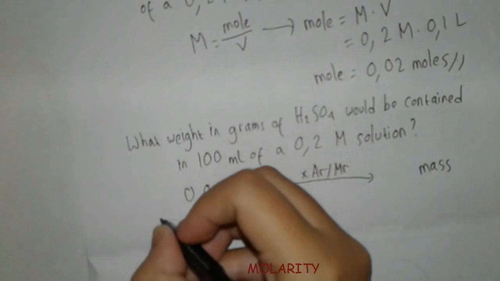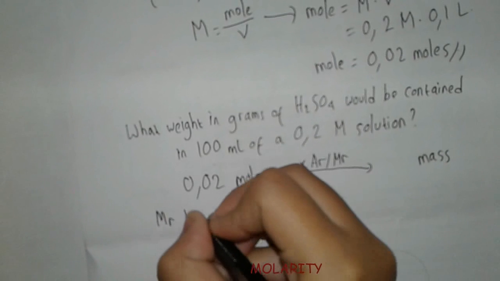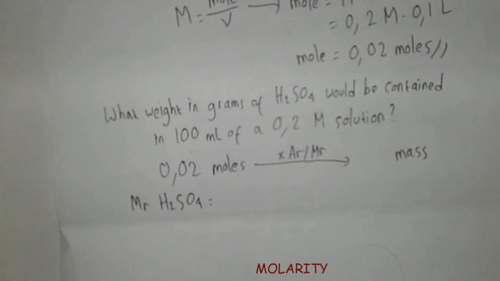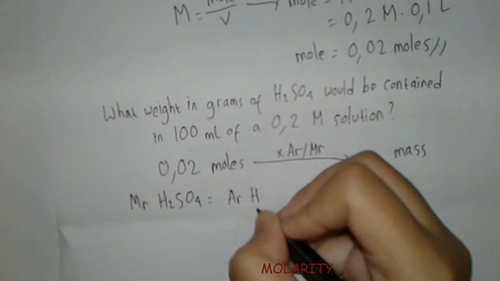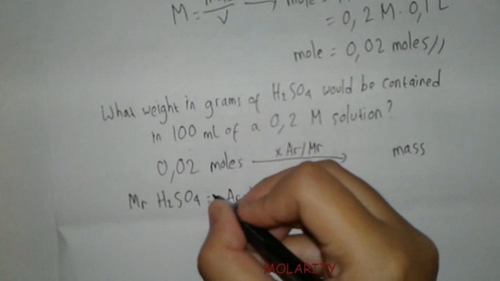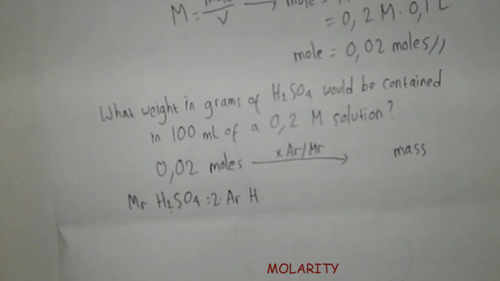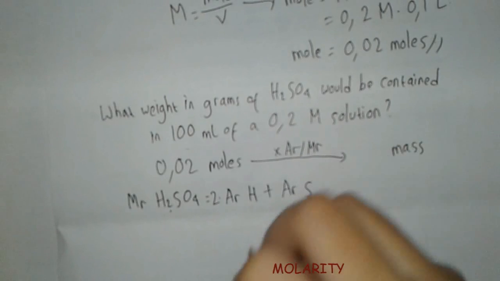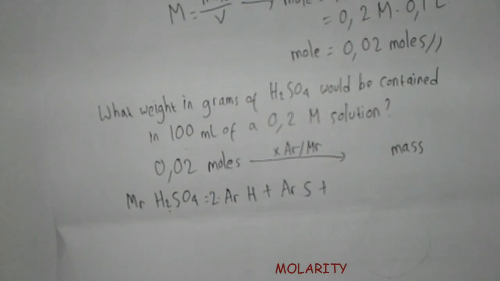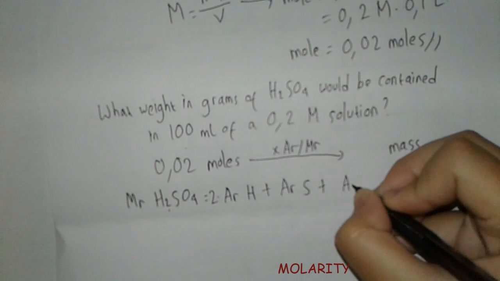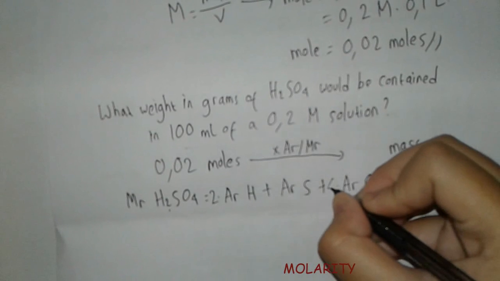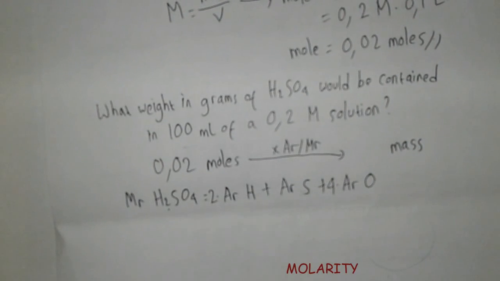The molecular relative mass of sulfuric acid is calculated by adding the atomic relative mass of hydrogen times 2, because there are 2 atoms of hydrogen, plus the atomic relative mass of sulfur, plus the atomic relative mass of oxygen times 4, because there are 4 atoms of oxygen.